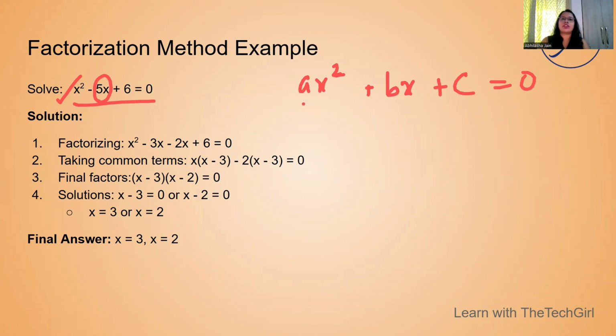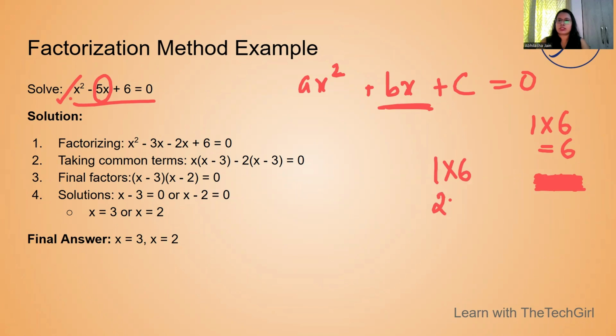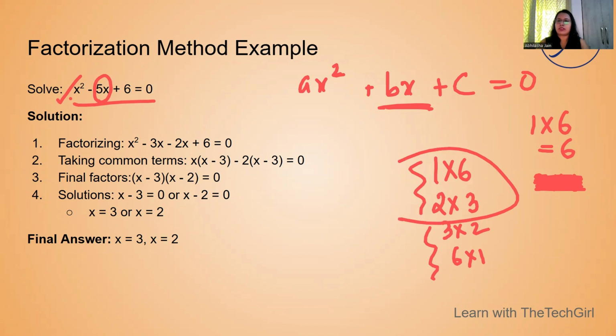So you're going to now split the middle term, such that ac is 1 times 6, which is 6. If you split 6, you get 1 into 6, 2 into 3, 3 into 2, and 6 into 1. These are the same, so we always write only once.